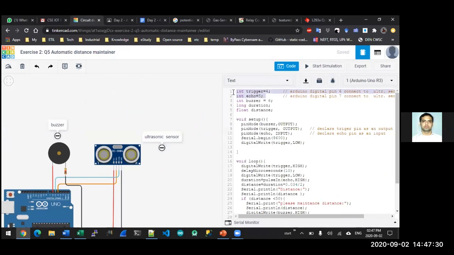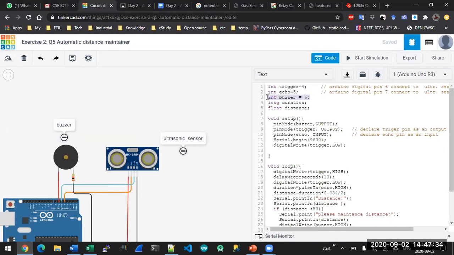We have taken two variables, trigger and echo pin, and one for the buzzer. We have taken again two variables, one for duration and one for distance. Then the buzzer will be an output, and for the ultrasonic sensor the trigger will be an output and the echo will be an input. Okay. Then for printing purposes, we have taken Serial.begin 9600 baud rate.